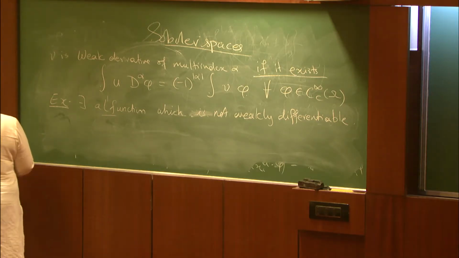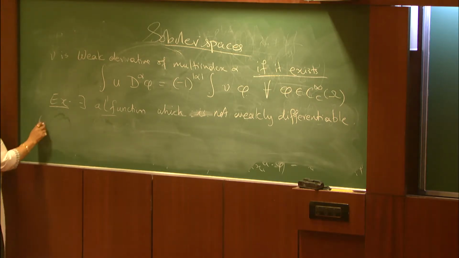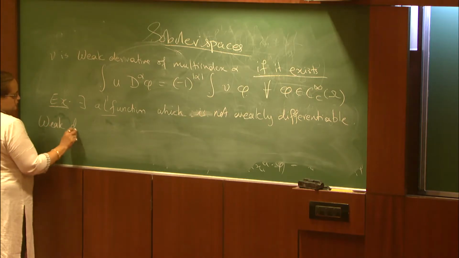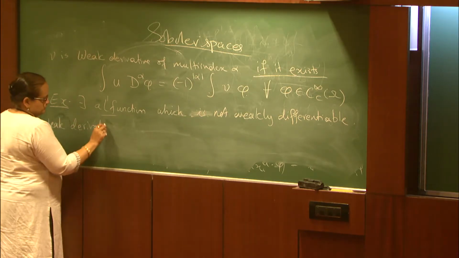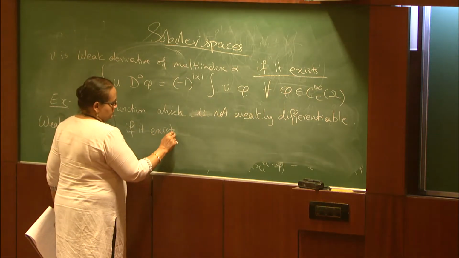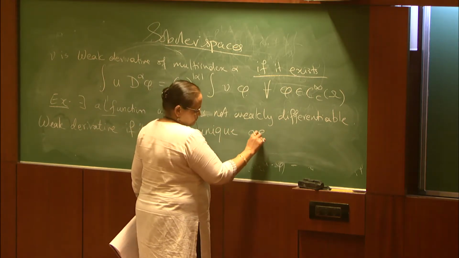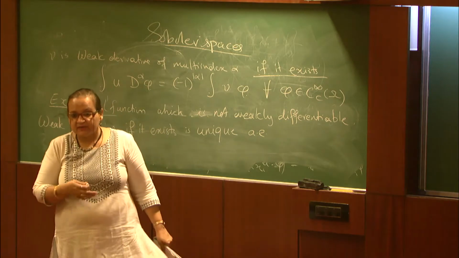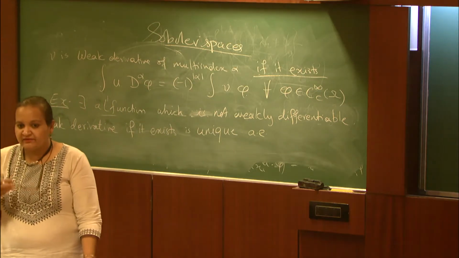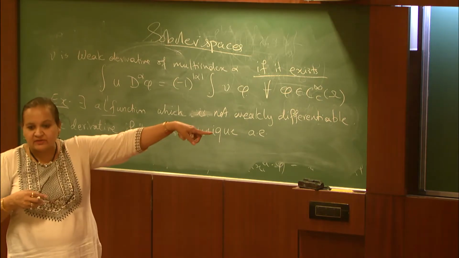So here, it holds almost everywhere. If I have two weak derivatives, then they differ by a set of measure 0. That's what we said over there also, right?